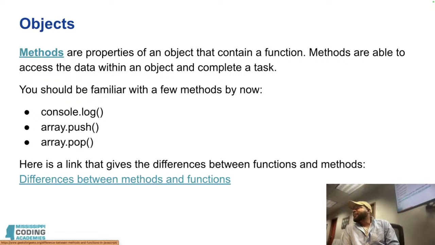But what you need to know is that a method is a function that is attached or assigned to an object, like console.log, array.push, array.pop, string.toLowerCase. These are all methods because they are attached to a particular object.